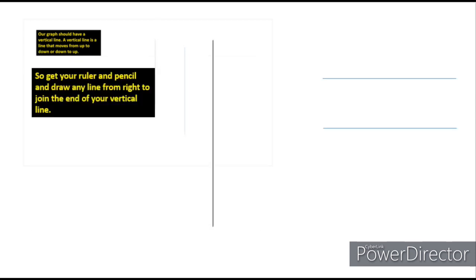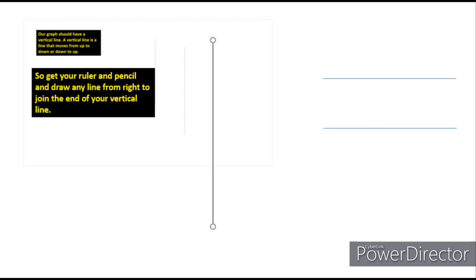Okay, so you get a ruler and a pencil and draw any line from the right to join the end of your vertical line. So you can see the end of your vertical line here, and we are going to draw a line from the right, so that it will meet, or it will join this one here.